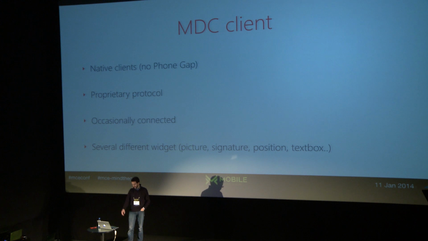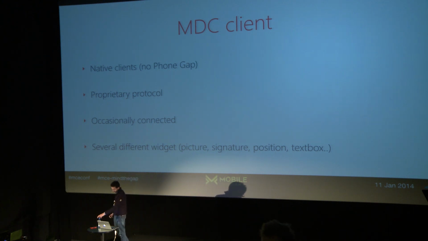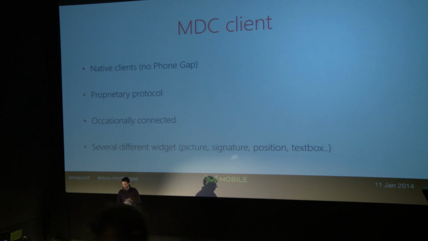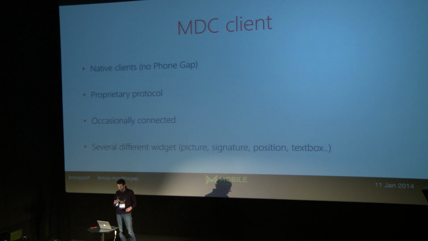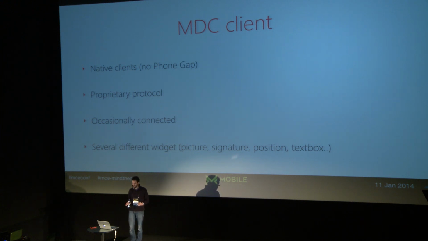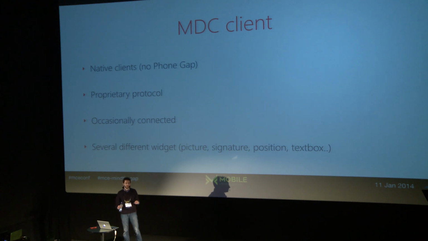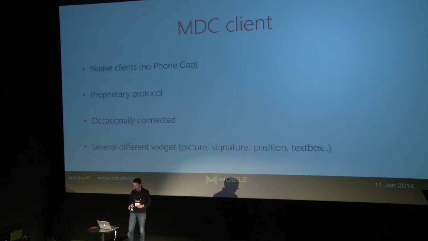So just to give you a better introduction to the context, the app that we are talking about is a native client. So we're not going to use Titanium or PhoneGap that you were asking me about before. It uses a proprietary protocol that works over HTTP in order to synchronize data between the server and the smartphone.